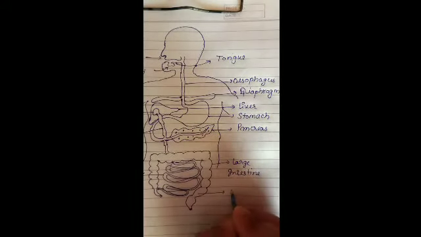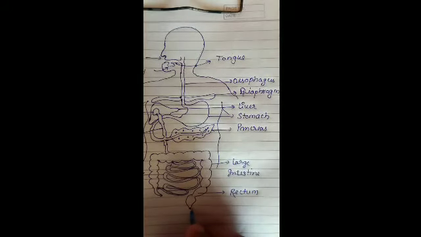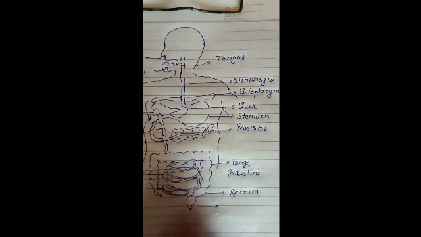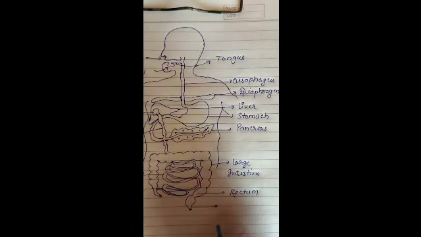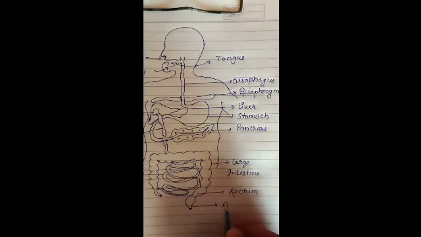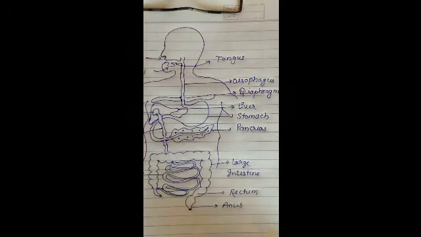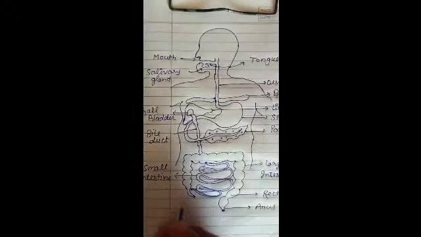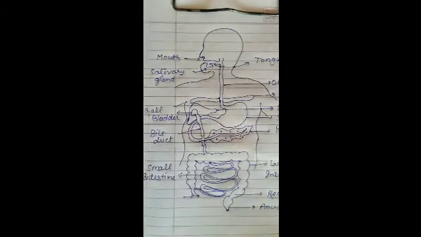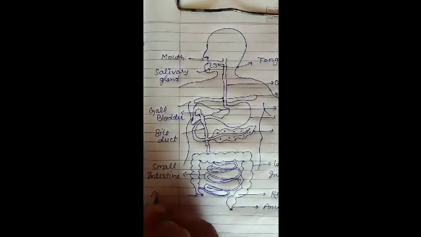Next portion name, rectum. And the last portion by which the undigested food material is removed is the anus. And the second portion of the large intestine is the appendix.